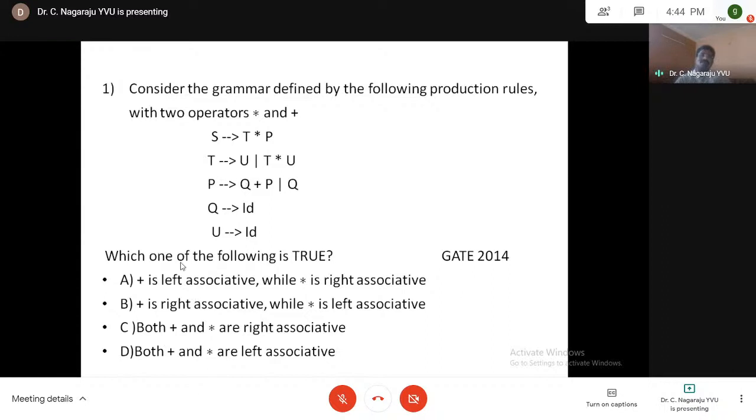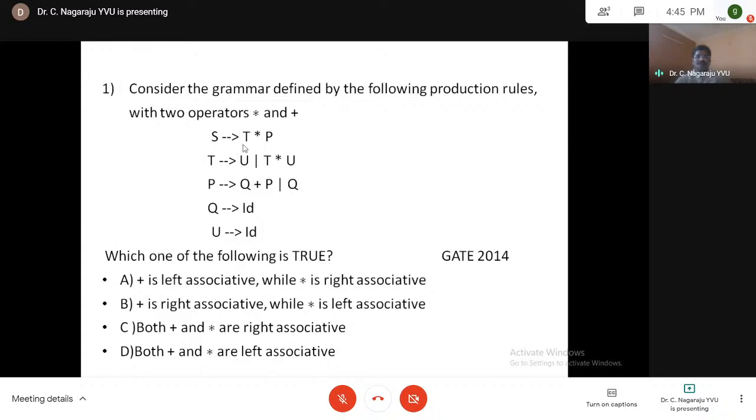But here is what he has given: plus is right associative and star is left associative. Associativity means how the expression will be evaluated, either by leftmost derivation or rightmost derivation. For this one B is correct. For example, you see that plus is right associative.